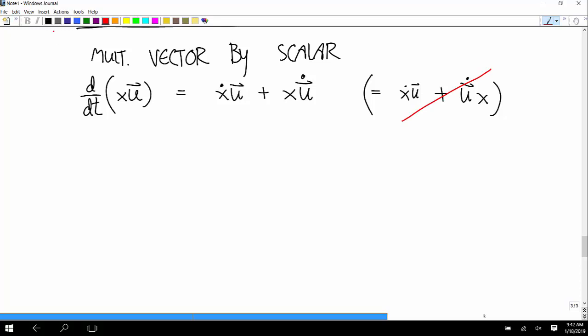Okay, and then dot product. So say we're taking d dt of u dotted with v. What would you guess the first term is of the product rule?